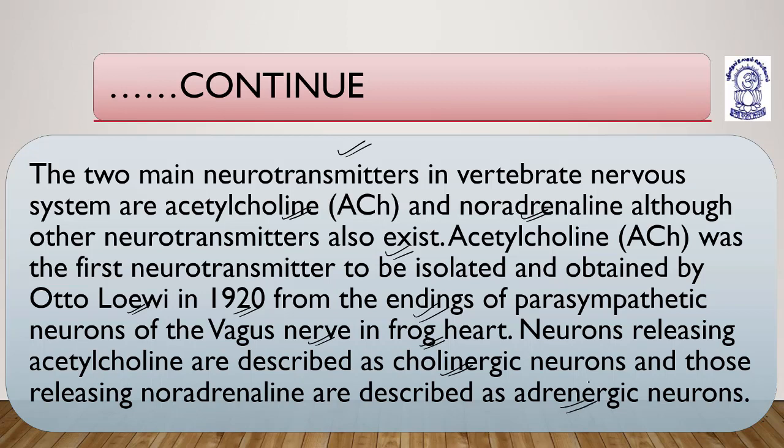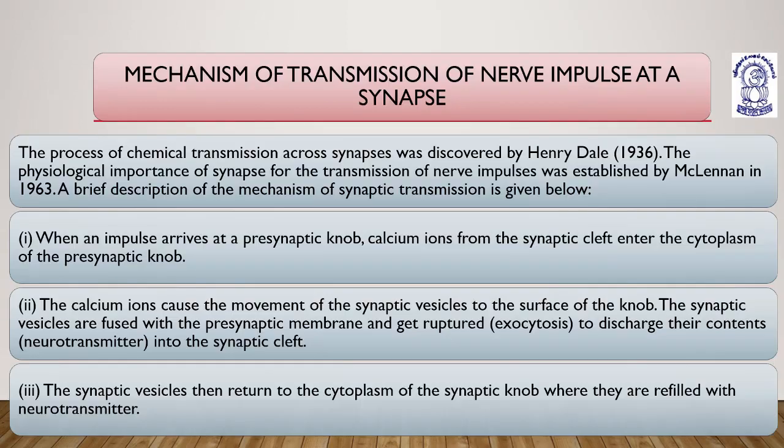The parasympathetic nervous system is concerned only with acetylcholine, while the sympathetic nervous system is concerned with both acetylcholine and noradrenaline. Now, the mechanism of transmission of nerve impulse at a synapse.